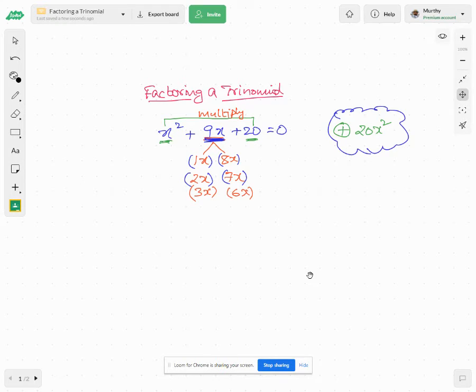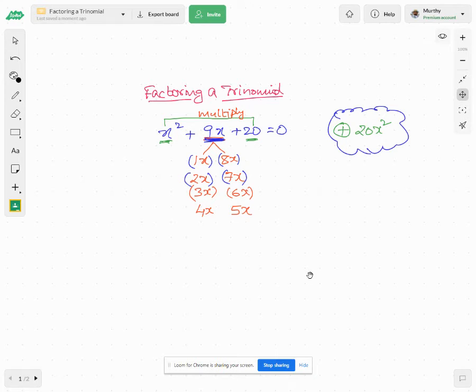Earlier, 1x times 8x gives us 8x square, then 2x times 7x is 14x square, 3x times 6x is 18x square. So we are coming close. After 3x, let me take 4x. 4x plus what value do I have to take so that I get 9x? Yes, you are right, that is 5x.